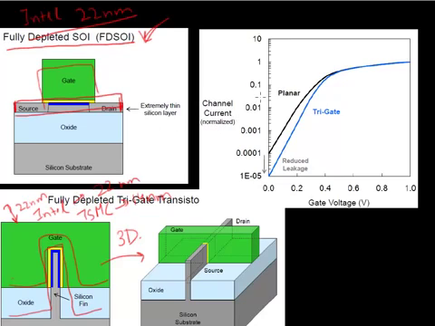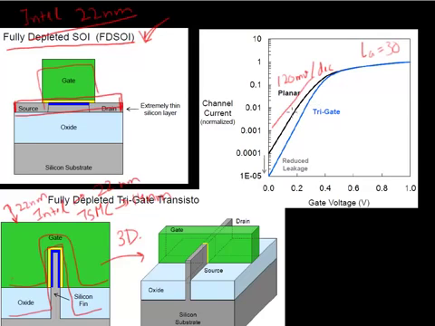What both of these do, as we discussed earlier, is help you improve over a planar device. Instead of having an ideal subthreshold slope, a planar device had a poor subthreshold slope, a subthreshold slope of 120 millivolt per decade for a small channel device.